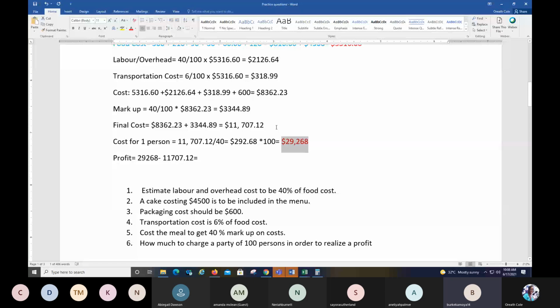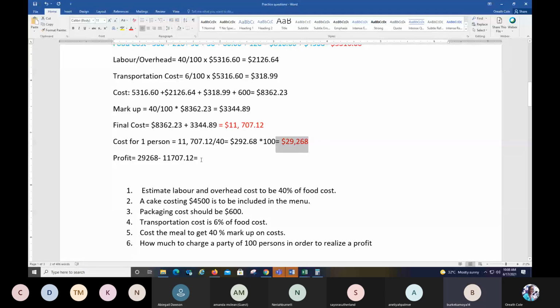Just the final cost. The final cost was 11,000 something, and that was for the 40 persons. So if I minus the cost from the 29,000 for the 100 persons, we get how much we spent for the 100 and how much was the profit.